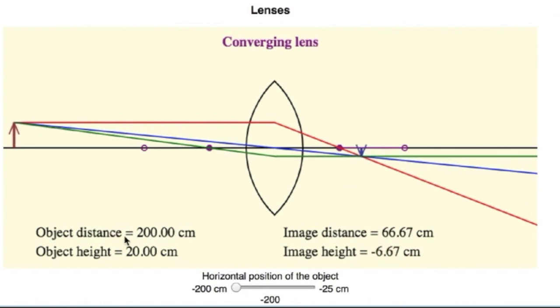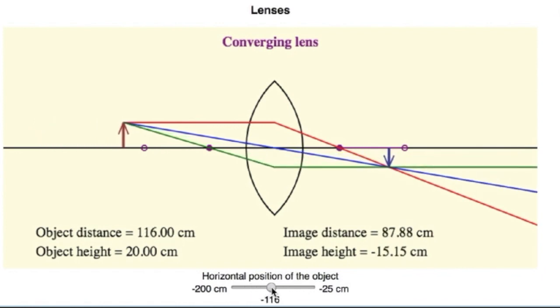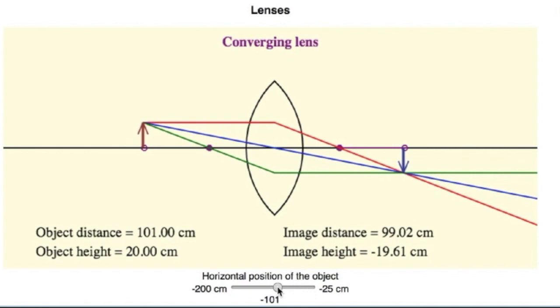So if we went back to the beginning, our object distance was 200, our image height was minus 6.67. If we go to 180, if you can do it, the image height is minus 7.69. If we go to, let's go crazy, let's go to 100, the image height is minus 20.